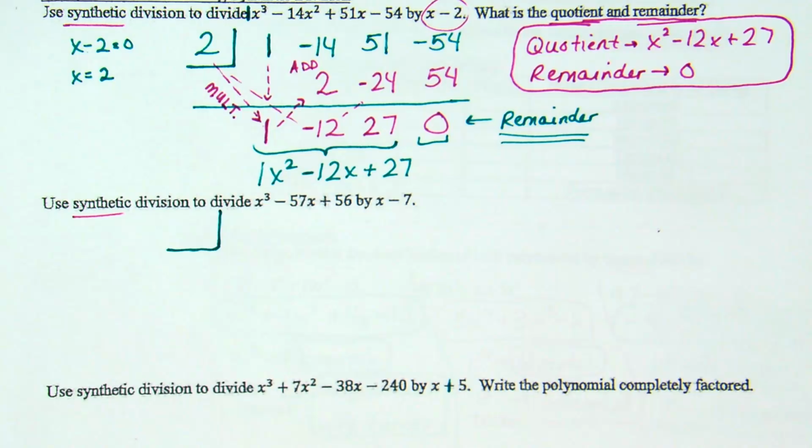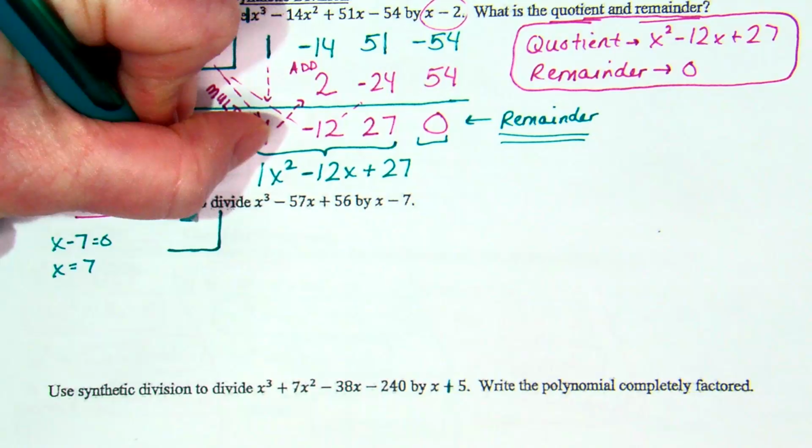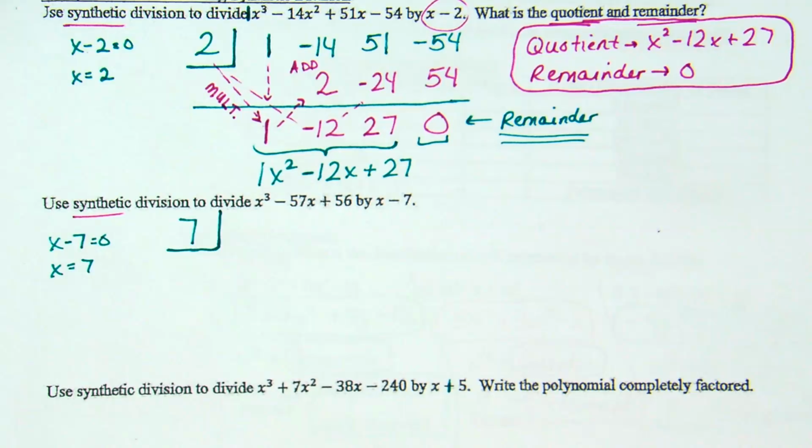If we're dividing by x minus 7, you're going to put 7 in the box. And keep in mind, this synthetic division only works when you're dividing by x to the first, plus or minus a number. It doesn't work with higher powers.